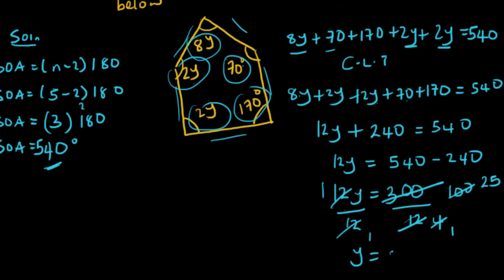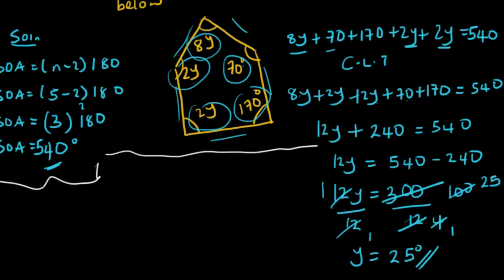So we have y equals 25 degrees. Now this is the unknown, but we're told to find the unknown angles. So we can do that somewhere here. So let's try to find the unknown angles.